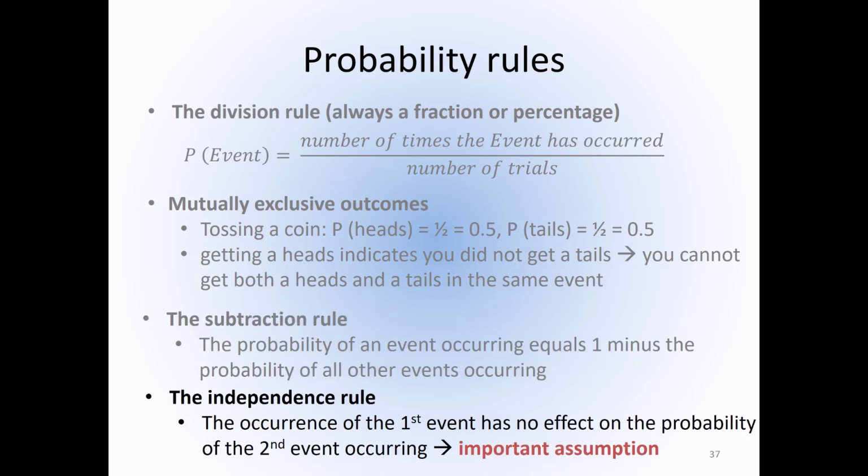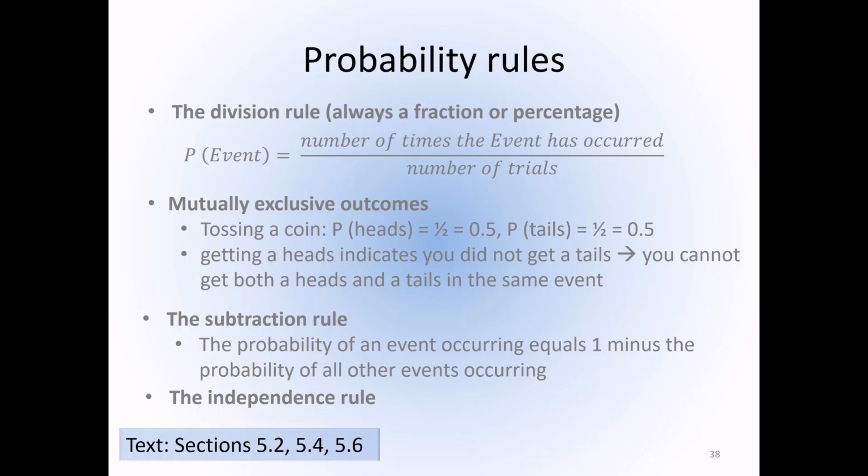Finally, the independence rule is that the occurrence of one event has no effect on the probability of another event. And this is an important assumption for the statistical test that we'll be using in this class. So if you go out and you sample a set of blue crabs and you get a certain number of lengths, those lengths are not going to influence the next sample of blue crabs that you take maybe in the next month.